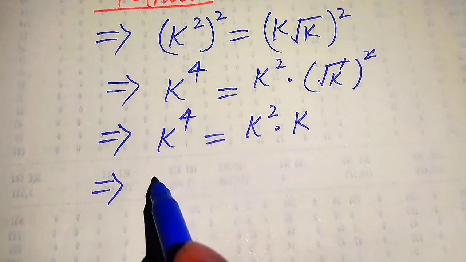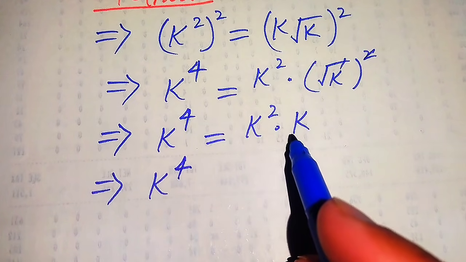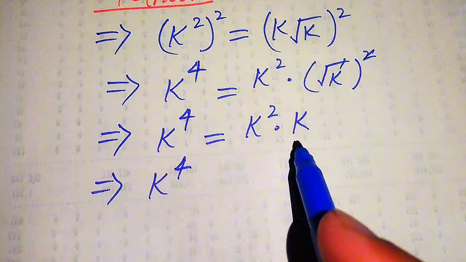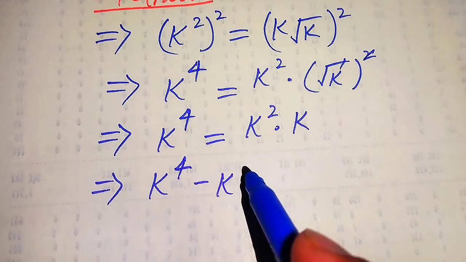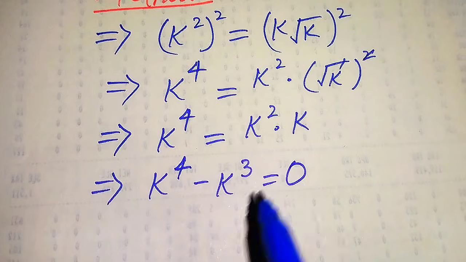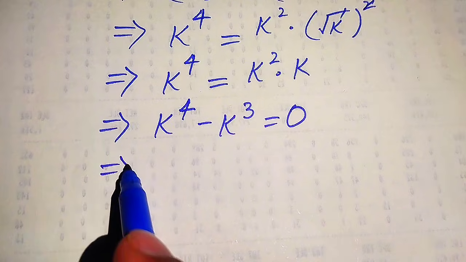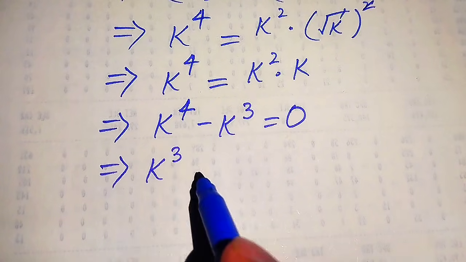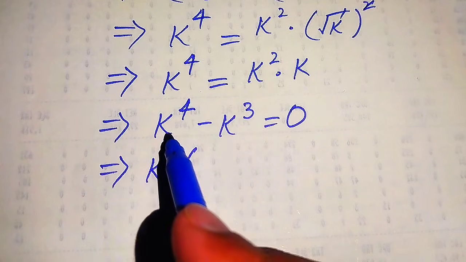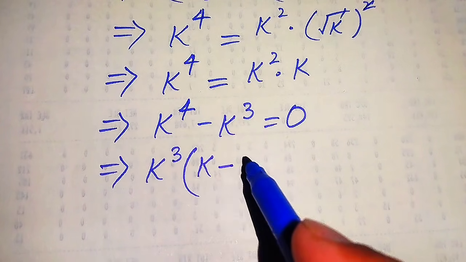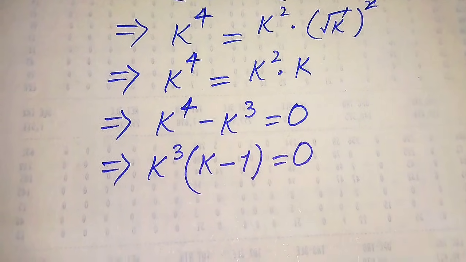Now we need more simplification. k squared multiplied by k becomes k cubed, and it lies on the right hand side, so we move it to the left hand side and it becomes minus k cubed, and this whole equation equals 0. Now both of these two terms involve k cubed, so we take k cubed common, and the remaining values are k from here, minus 1 from here, and this whole equation equals 0.